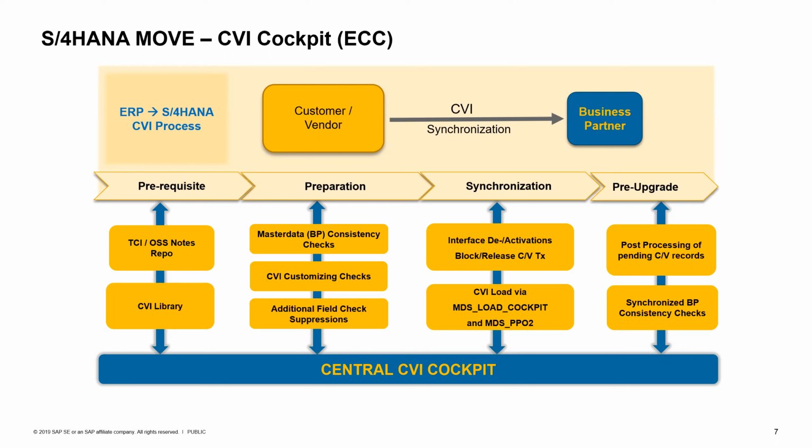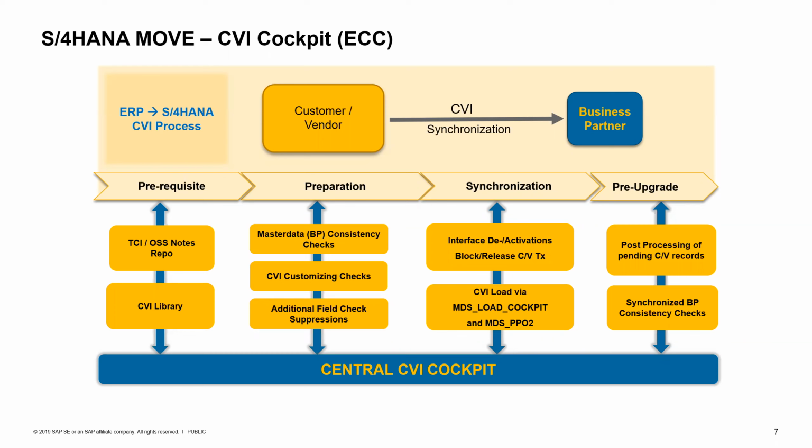So I'm sure many of you could already relate to it with the components that are highlighted over here. The customer and vendor synchronization process to business partner can start with an ECC box, and you may also have some integrated systems, for example a CRM system, which is most commonly seen across multiple customer landscapes.